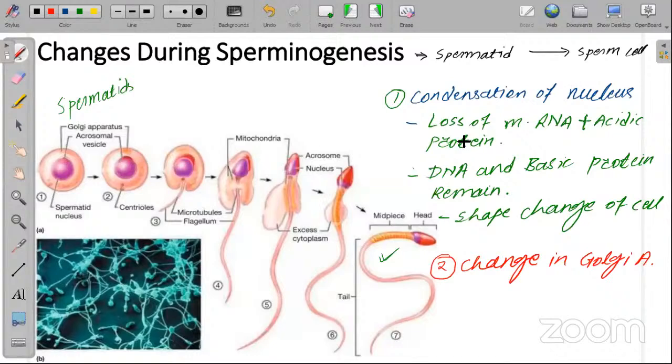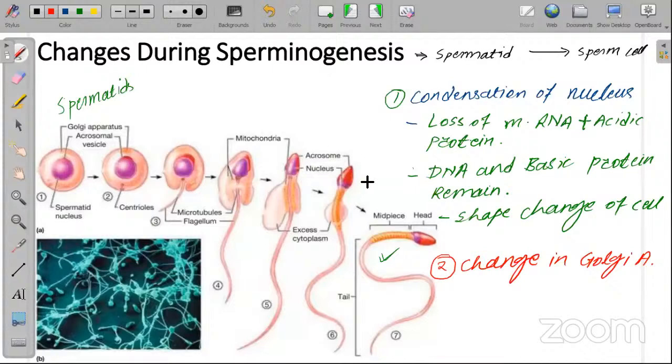Okay, that's why the mRNA is lost from this part. ठीक है, mRNA वो loss हो जाएगा वहां से. ठीक है, only DNA remains in the nucleus because only DNA is useful during the fertilization process.